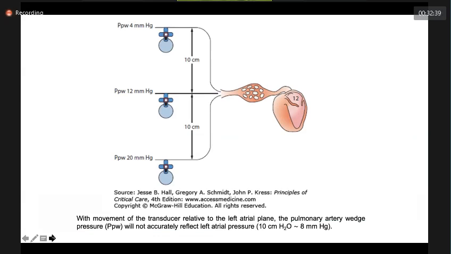What will happen if you don't do proper leveling? You see this, this is the cardiac chamber. For example, this is the mid-axillary line, the phlebostatic axis. Your pulmonary capillary wedge pressure is 12 millimeters. Suppose you are doing it in an obese patient, and your transducer is much lower than the mid-axillary line.